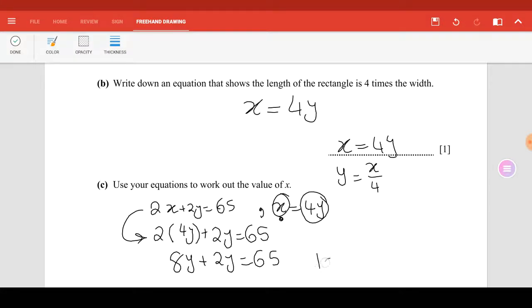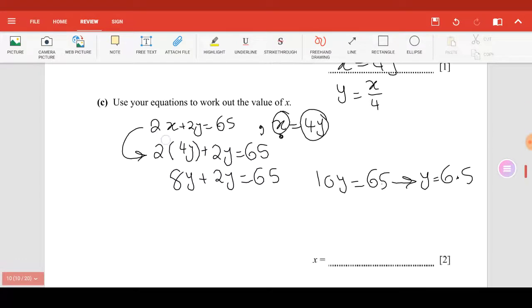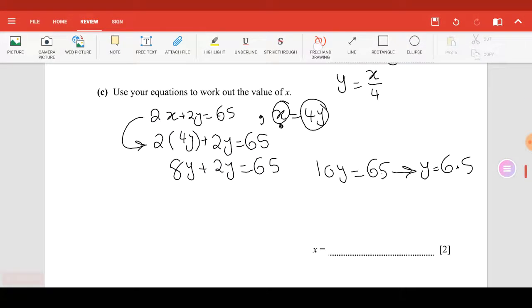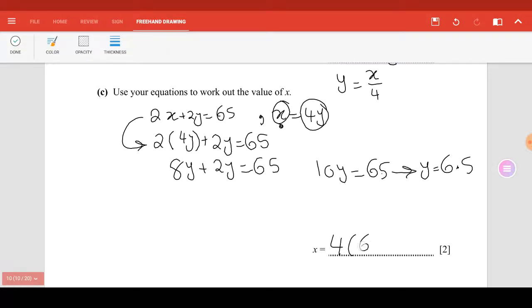Now you know that 10y equals 65 and y equals 6.5. He needs x, so you know that x equals 4 multiplied by y, which is 6.5, and your answer will be 26.